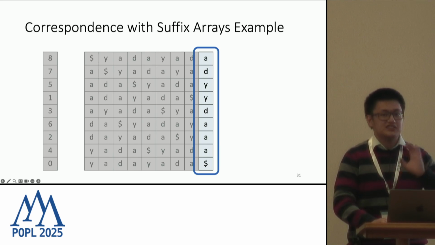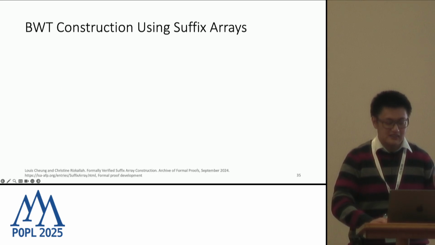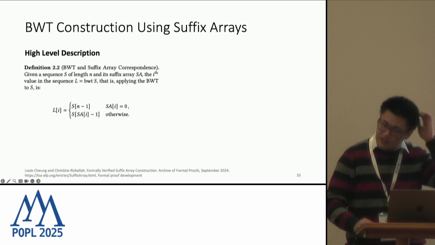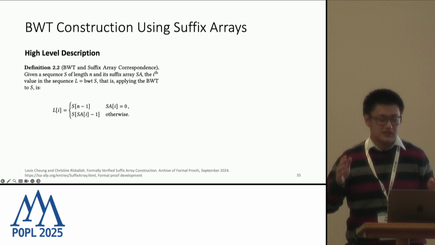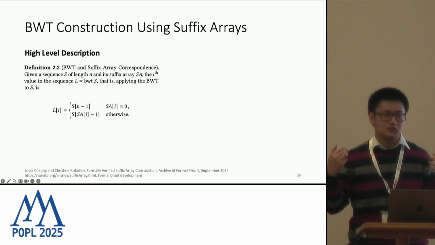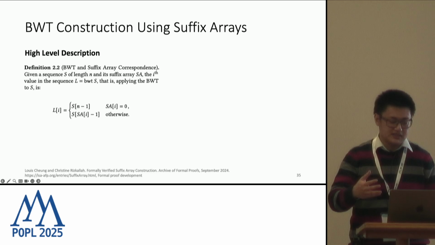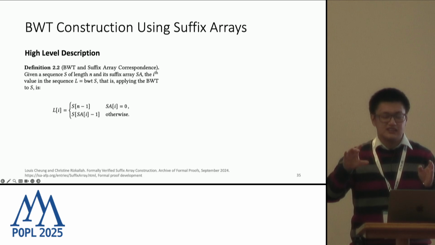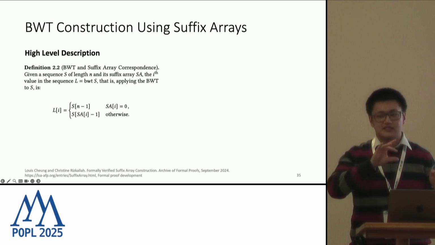Now, we don't actually need to compute that whole rotations matrix. We can just use a function like this, which simply uses the suffix array to find that last column. And to do that, you simply subtract 1 from it and look up what the value is there in the original sequence. Because the idea is that the last column simply represents the symbol that occurs before that suffix.